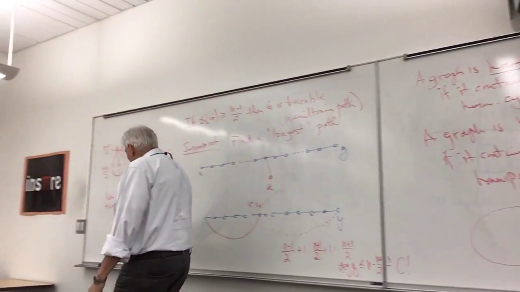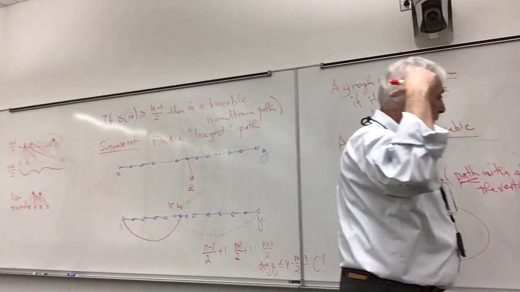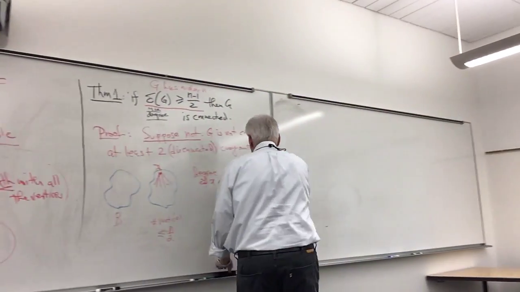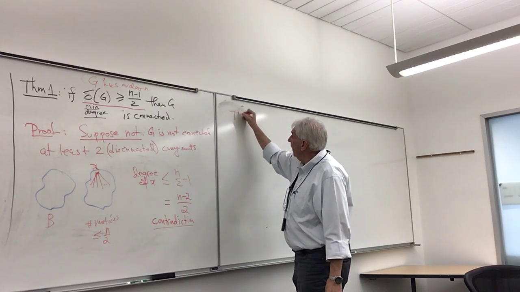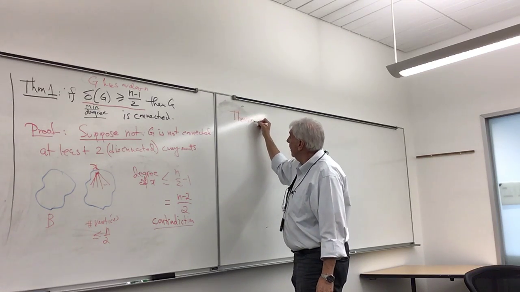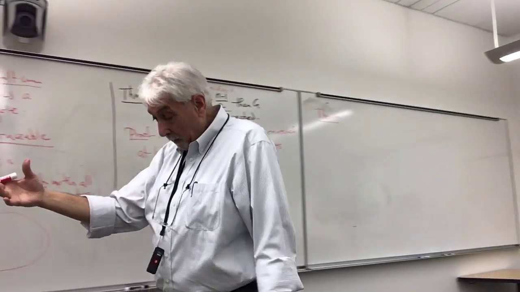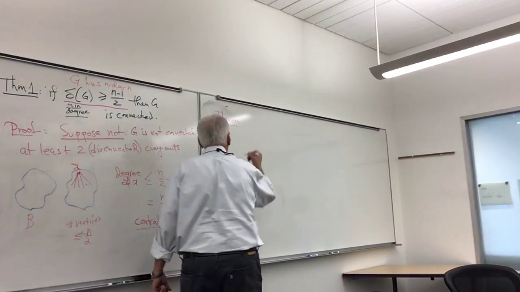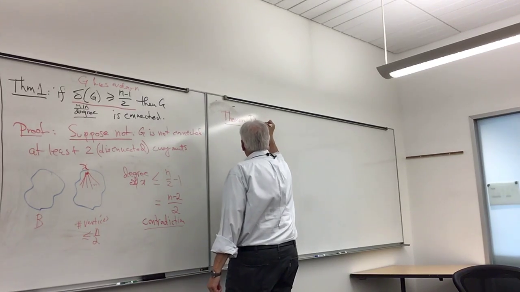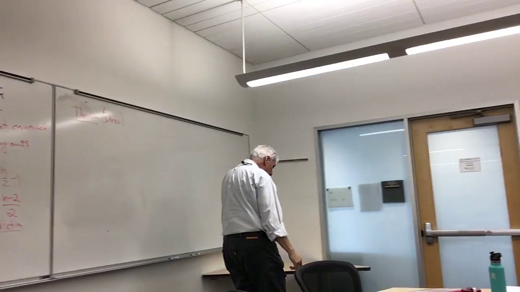Okay, so the next, one more step. We have connected, I have traceable. I want this Hamiltonian. So here's the theorem that they present in the book. This is by Dirac in 1952.